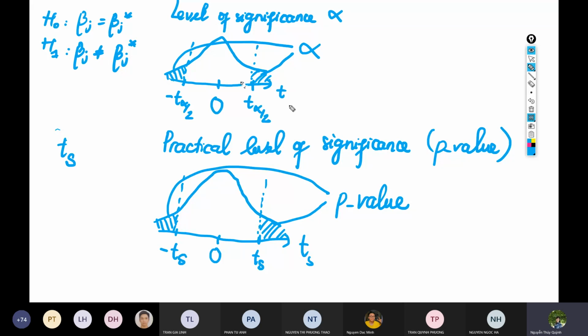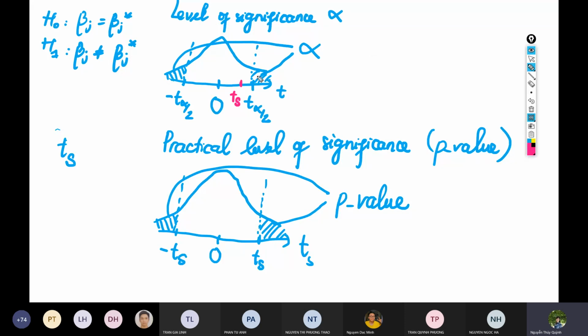In this case, do we reject the null hypothesis? No, because the absolute value of the observed value of T here is less than the critical value. So we do not reject the null hypothesis.